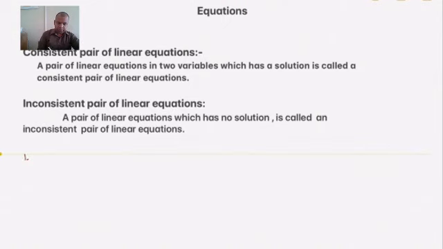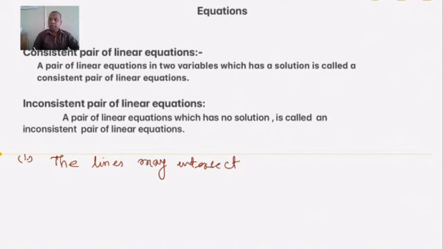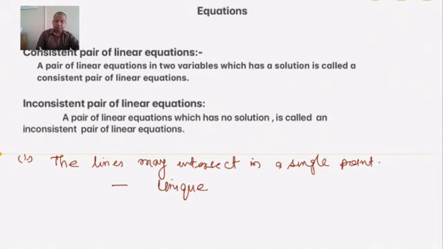First point is that the lines may intersect in a single point, and in this case, the pair of equations has a unique solution. That means there will be one and only one solution.